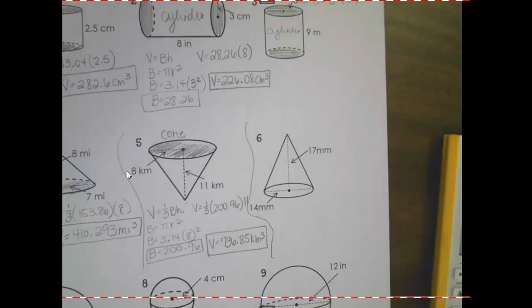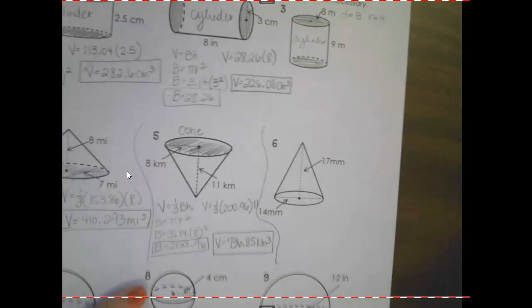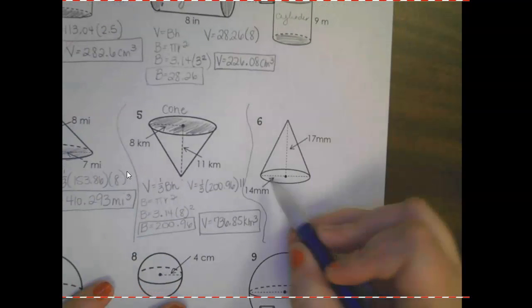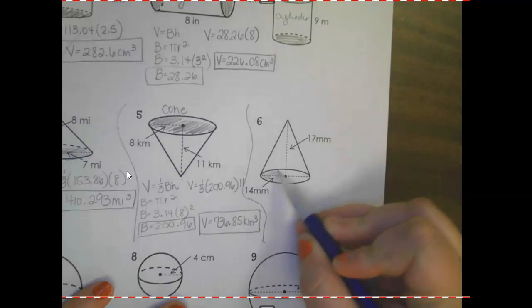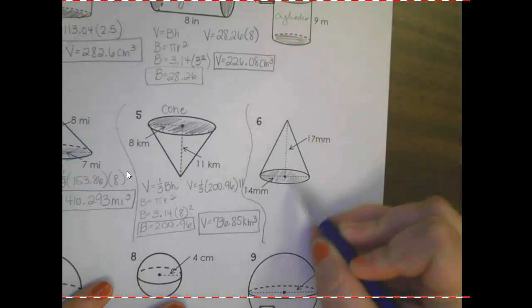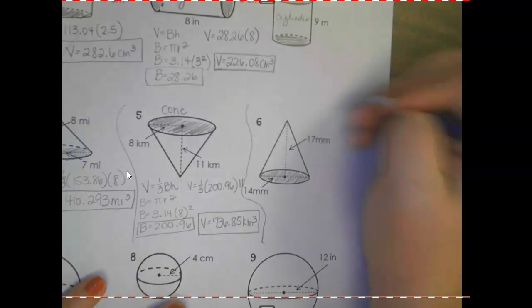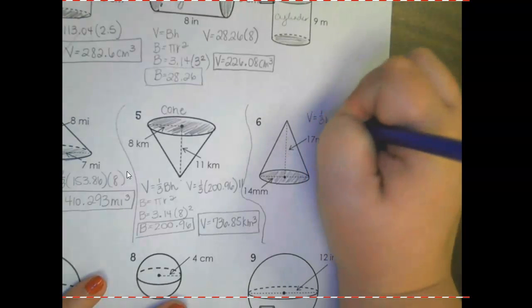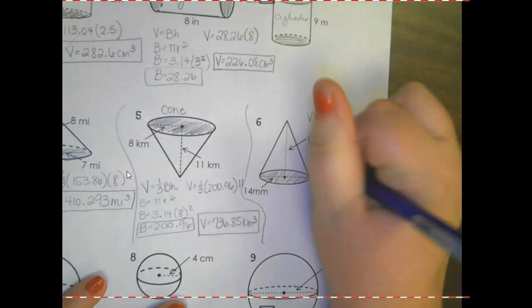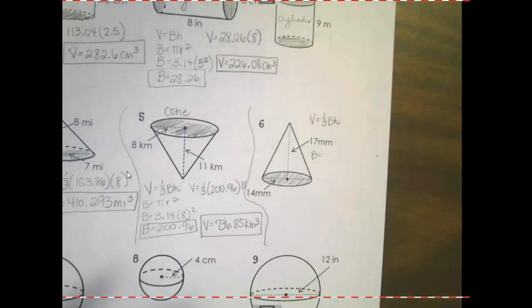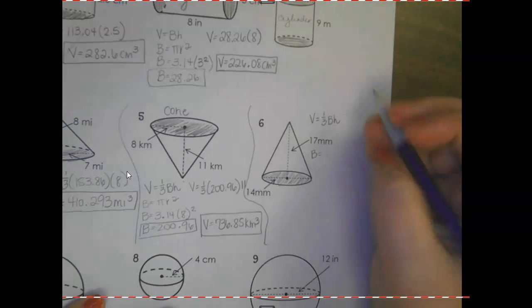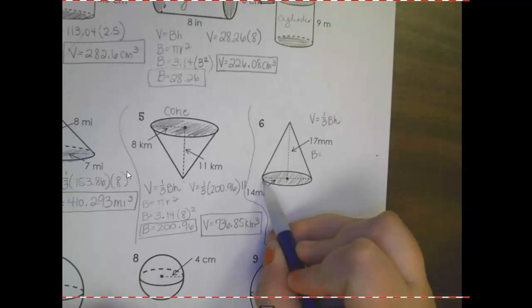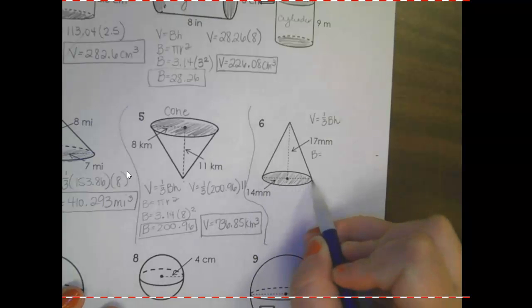All right, let's look at number 6. I'm going to shade my base. So I'm going to be doing V equals 1/3 big BH. My big B. Alright, but notice this goes all the way across.